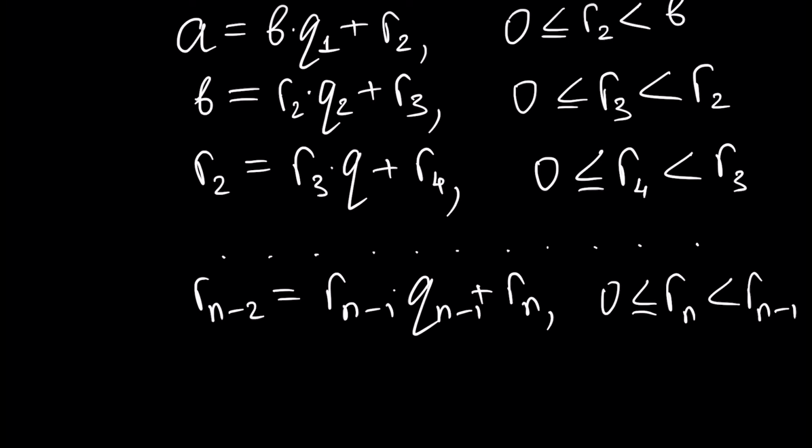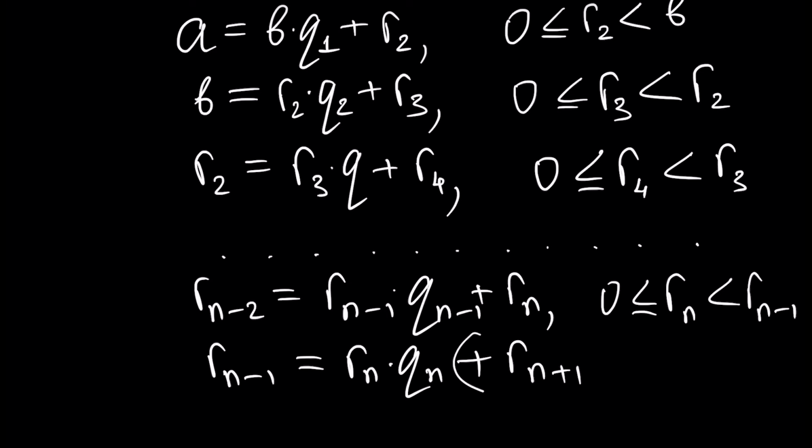And at last, at some step, R n minus 1 will be equal to Rn times Qn, and our algorithm will stop because at some point the remainder will be 0. So we will not write this remainder, and it will be the finishing point of our algorithm.